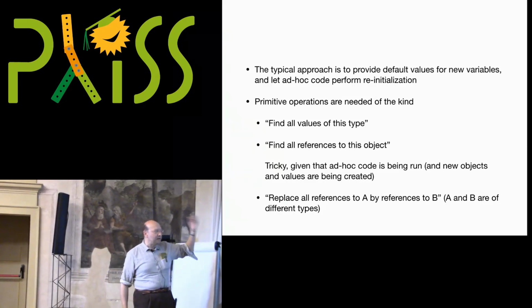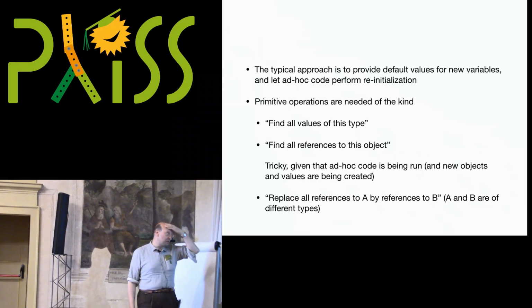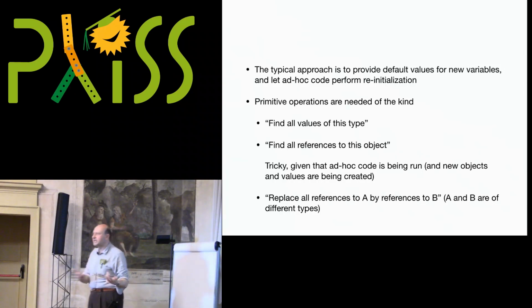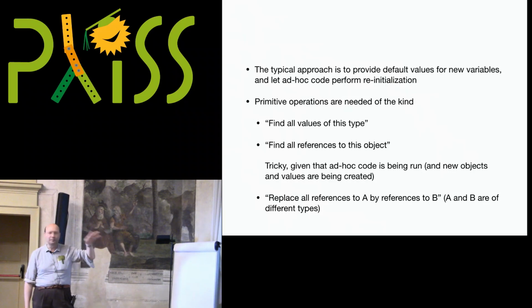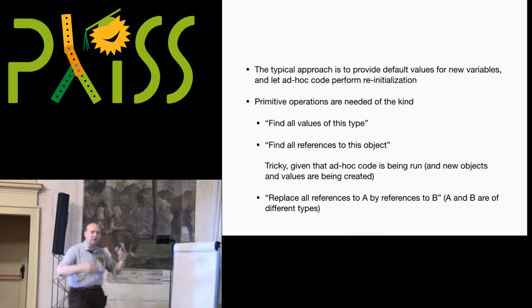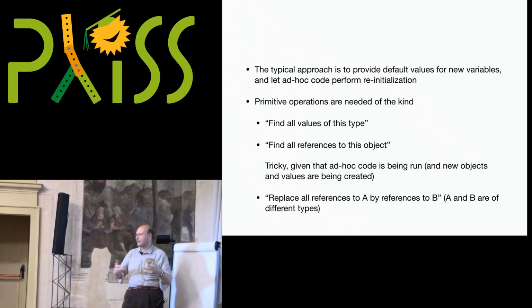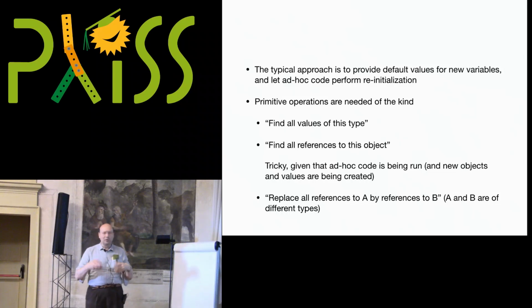So a common thing deriving particularly from the Smalltalk world is that you add primitives into the language, which are available during this update, that say, find me all values of this type in the heap, or find me all instances of this class, or find all the references to this particular object. And those are things you have to add into your runtime system.